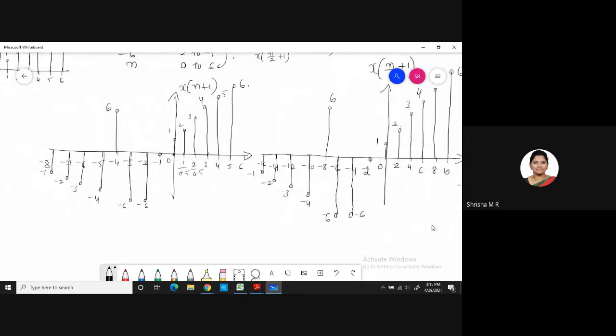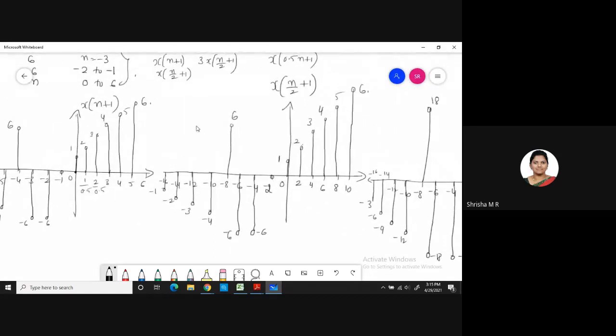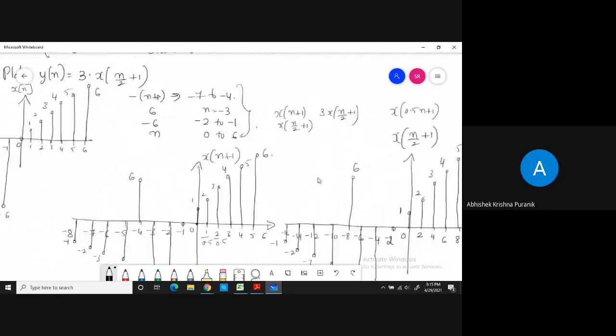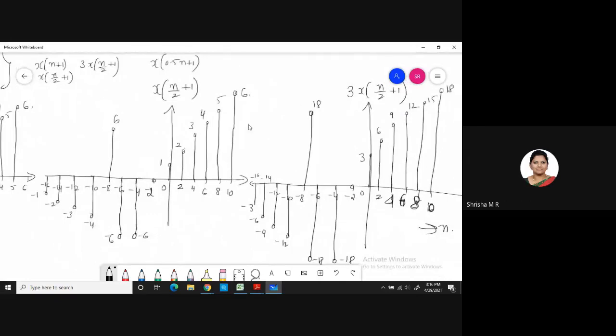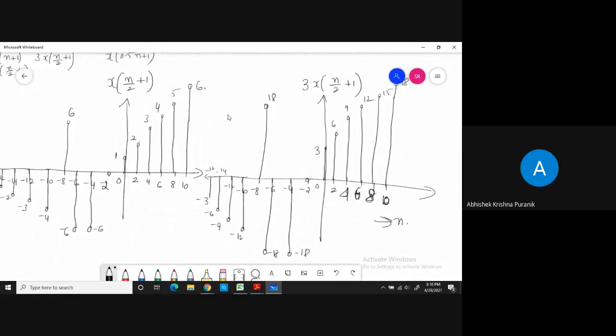Understood this problem? Ma'am, can you move a little bit to the right? Ma'am? Yes.